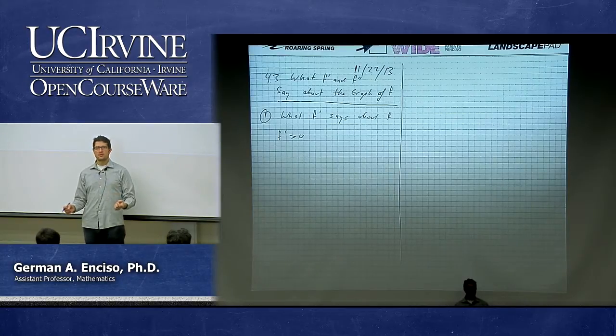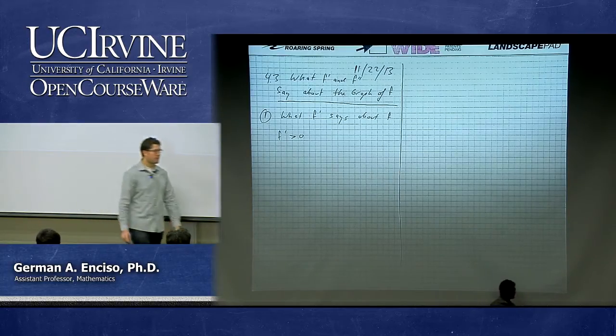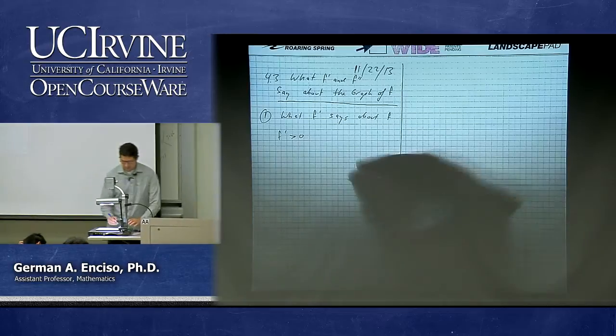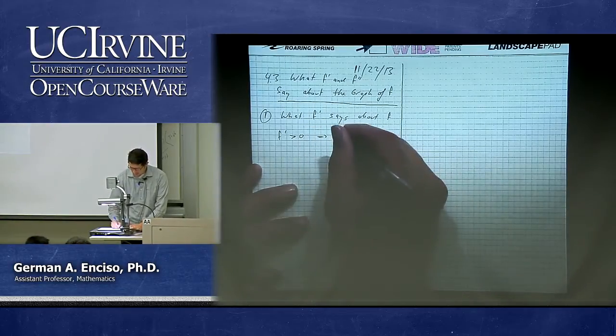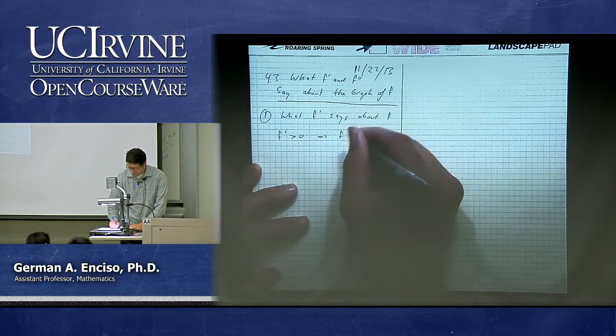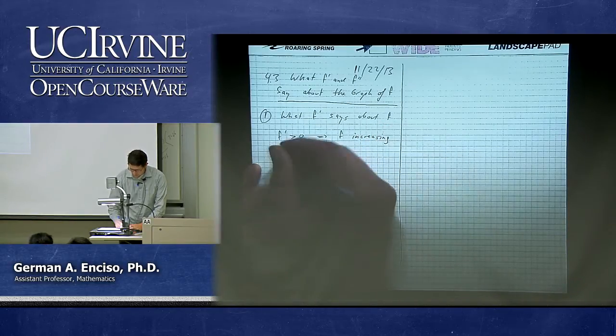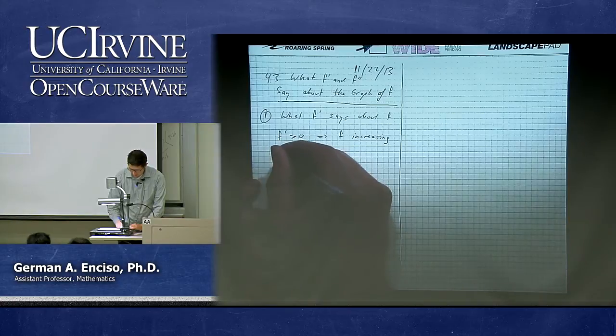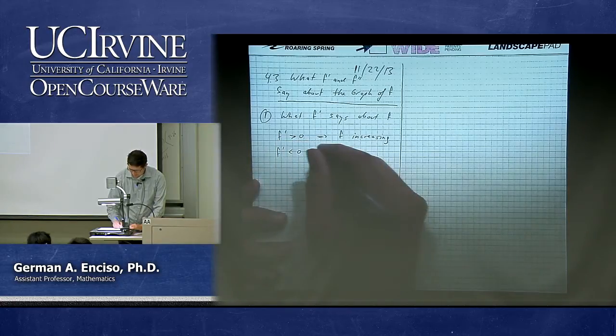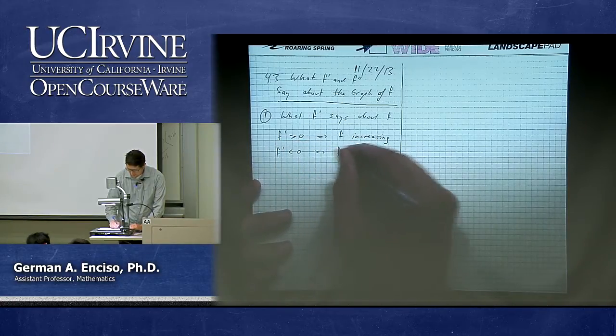It's an increasing function, right? Everybody agrees? Yeah. All right, so that means that f is an increasing function. And if f prime is negative, that means that f is decreasing.